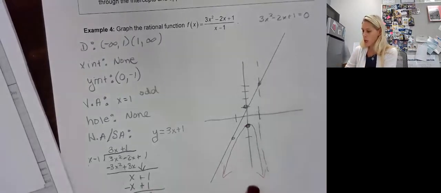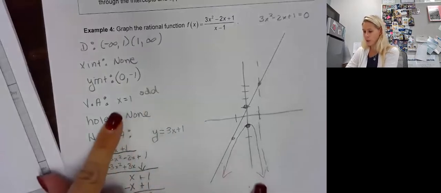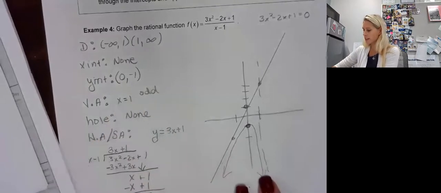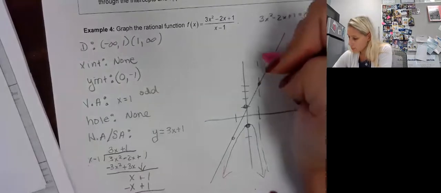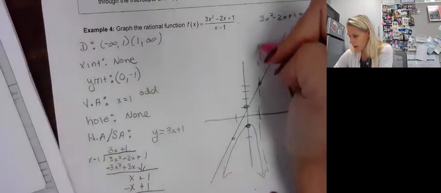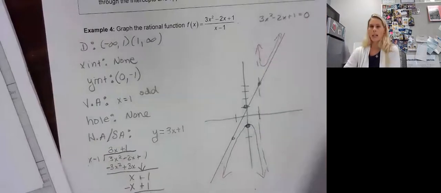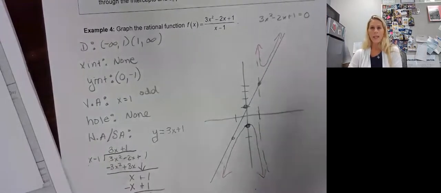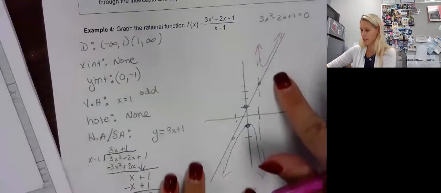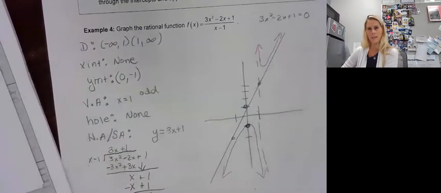So now, knowing that the vertical asymptote was odd, since this one's going down, this one must be going up. And I know I'm going to hug those asymptotes and you're done. If it was even, I would have been down here. Good job, guys.